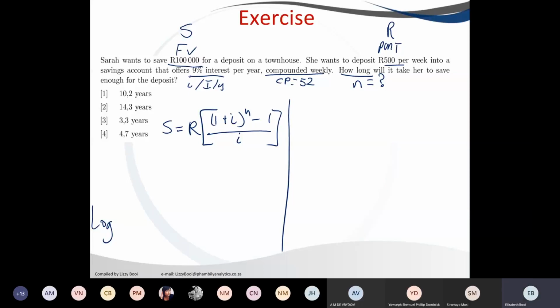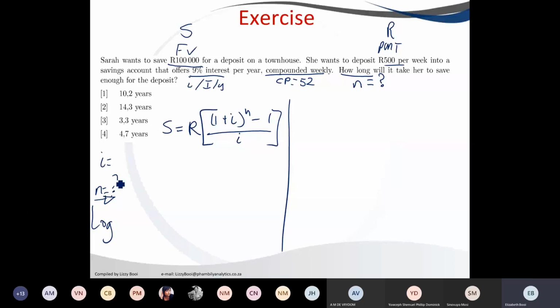And remember also, when you calculate it manually, your i, you will have to do your i outside, and also do your R. You can't do your n because the n you will have to solve for. But you also need to remember, the minute you divide your interest by the compounding period, the answer you will get will be compounded.